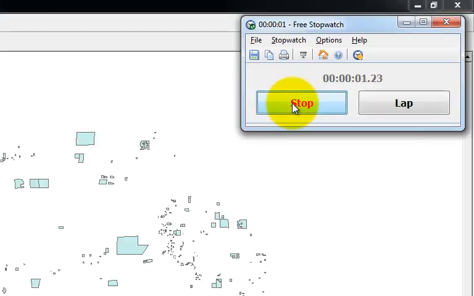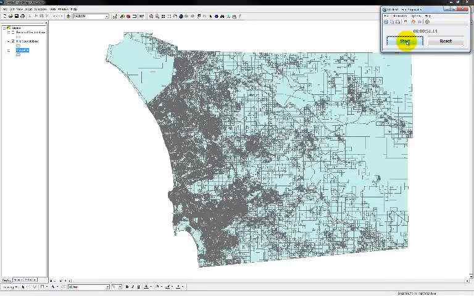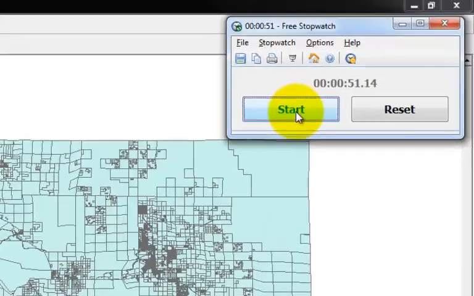We'll start the rendering and start the clock. Okay, the file geodatabase rendered at about 51.14 seconds.